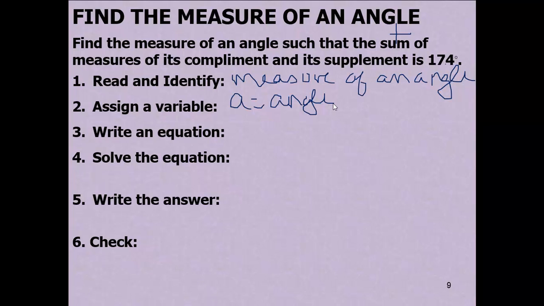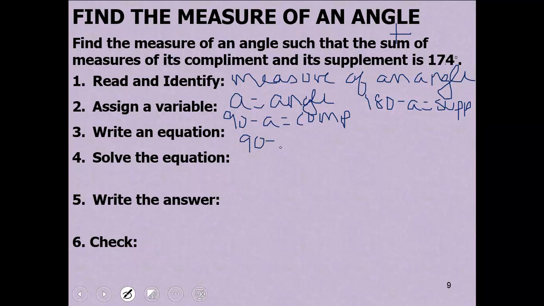The complement is 90 minus A, and the supplement is 180 minus A. I have to add them, so I take 90 minus A plus 180 minus A, and it has to equal 174 degrees.